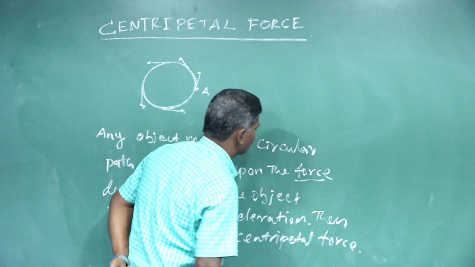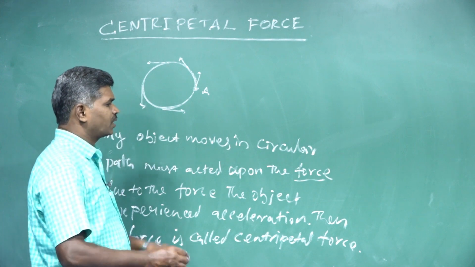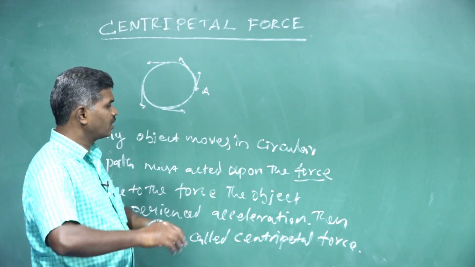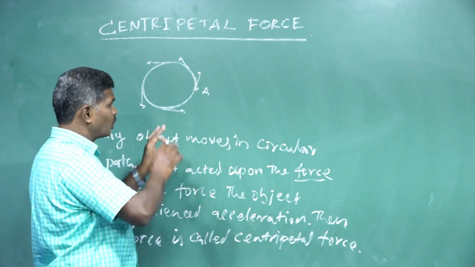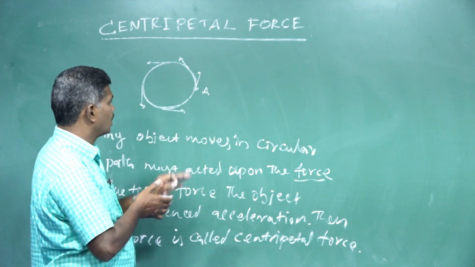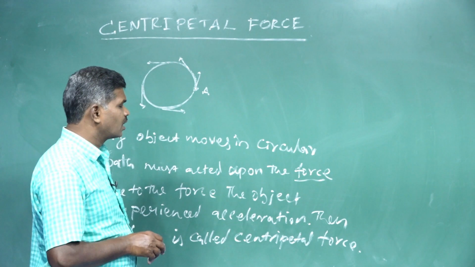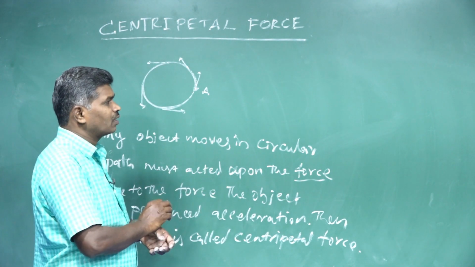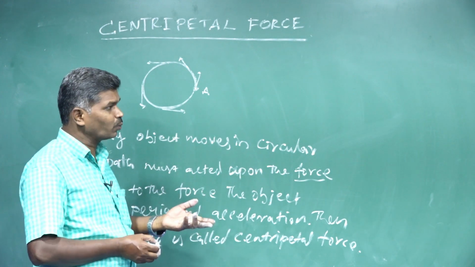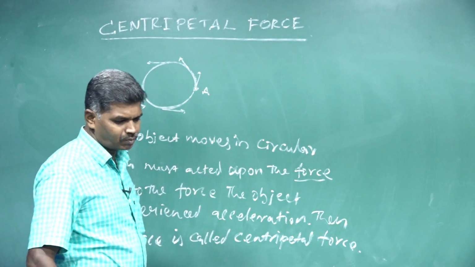So any particle experiences a force when it moves in a circular path. That force is acted towards the center of the circular path. Then the force is called a centripetal force. The circular motion may take place either uniformly or non-uniformly.